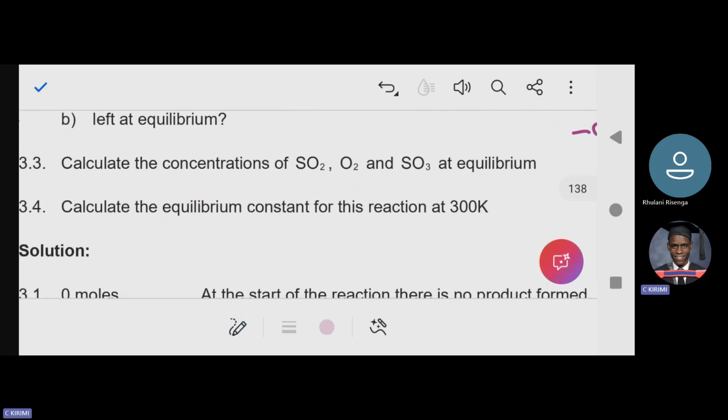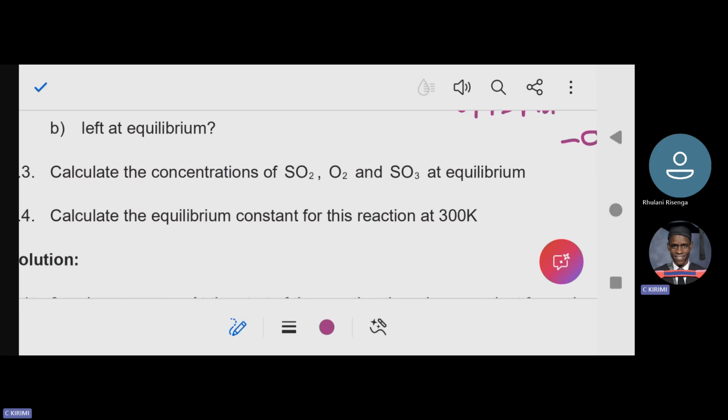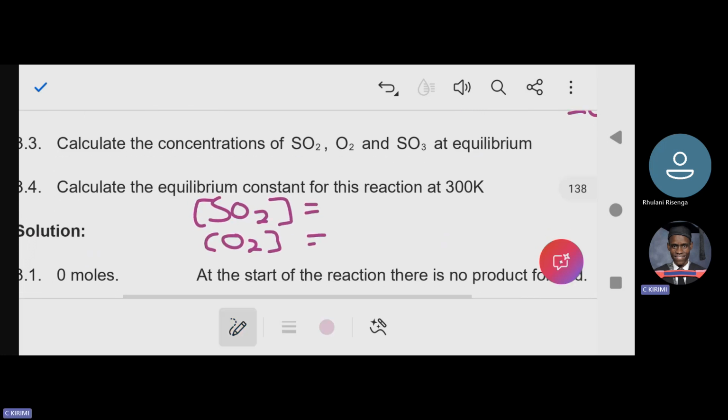So that we write them down. That's one, the concentration. SO2 concentration is equal to what? Oxygen concentration is equal to what? And sulfur trioxide concentration is equal to what?